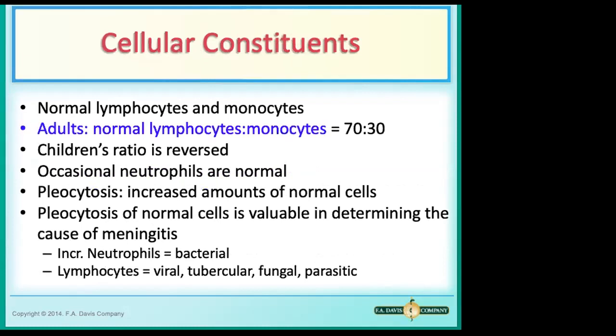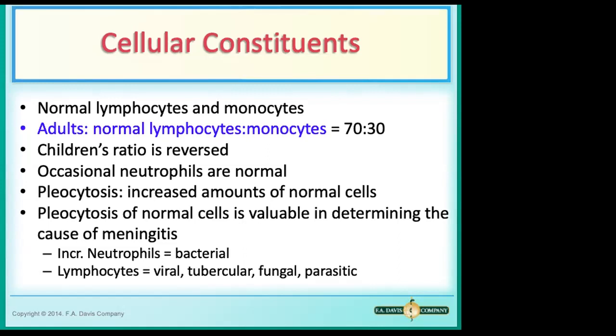Okay, so here are some cellular components that you're going to be identifying. The cells found in normal CSF are primarily lymphocytes and monocytes, okay? So this is the ratio. Adults usually have a predominance of lymphocytes to monocytes, so about a ratio of 70 to 30.